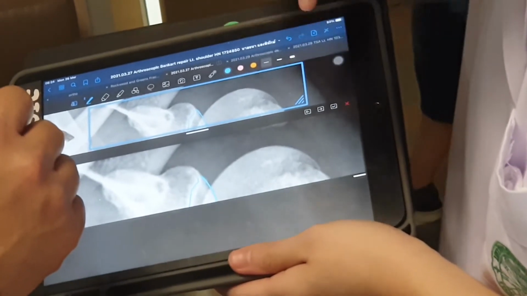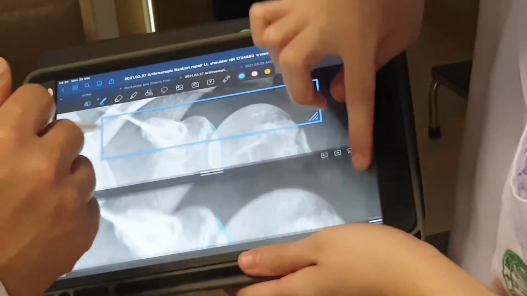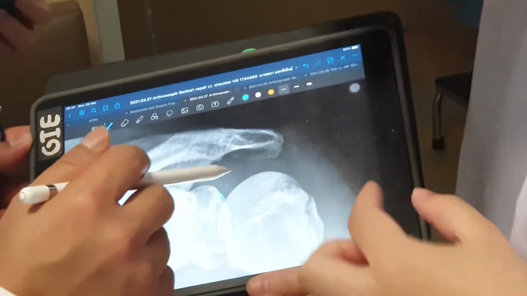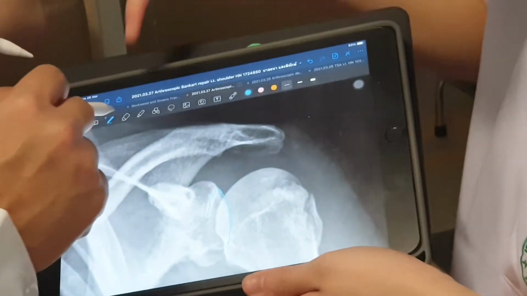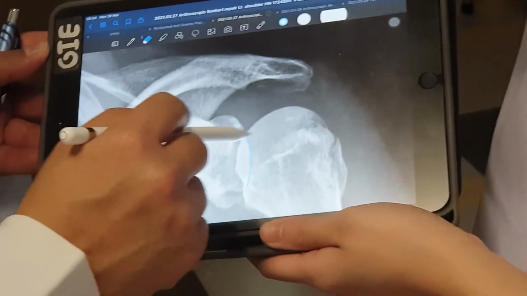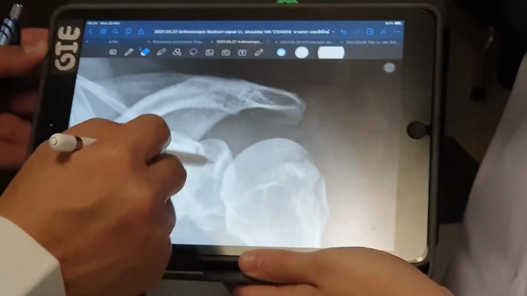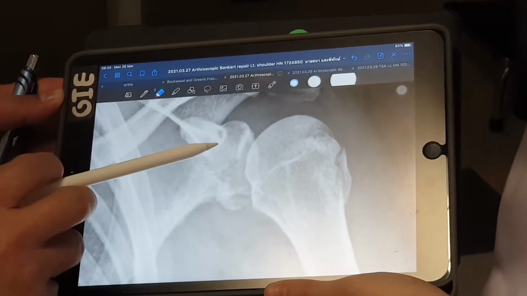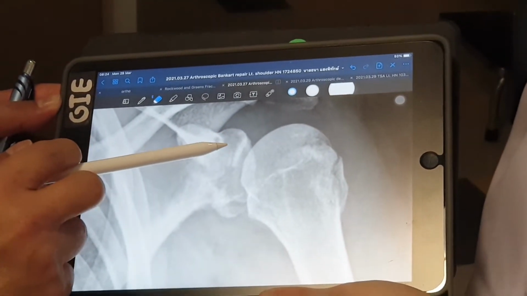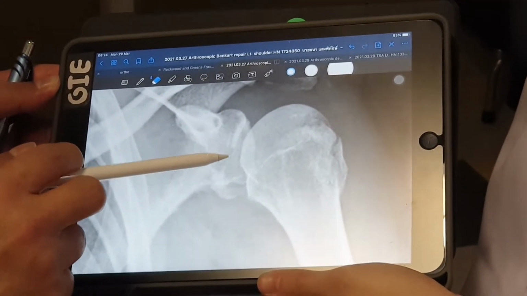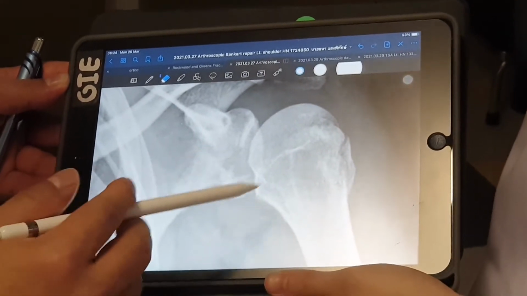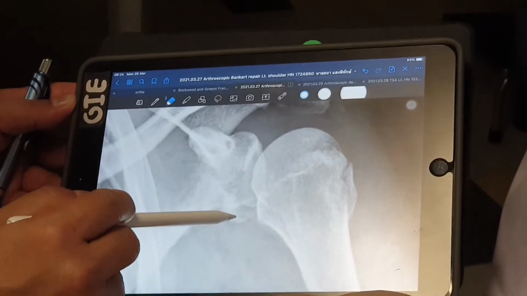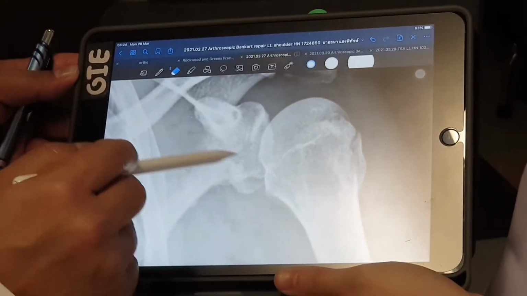Go back. You look at this. You see it's white. No more white. See? That means the anterior part is gone, and this part is dropping down. That means this piece.